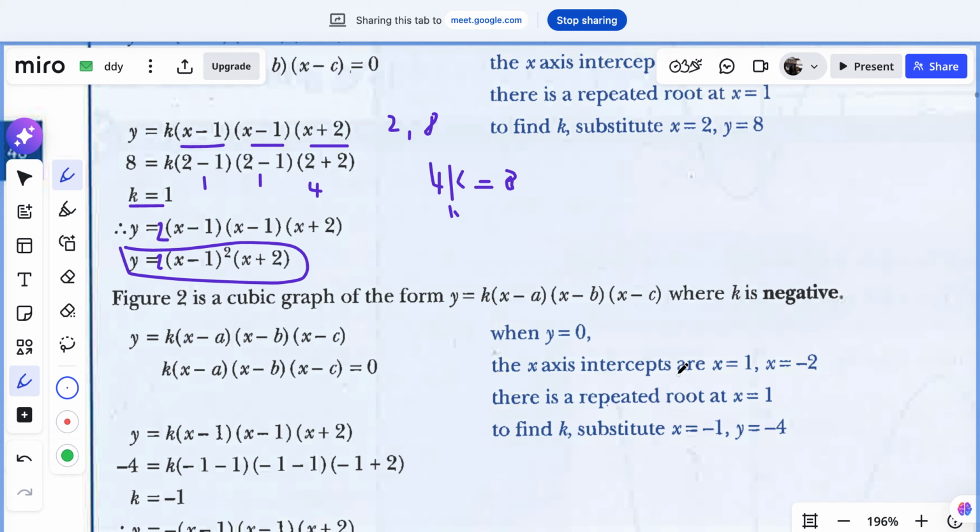Okay, so if you are given a graph and you are asked to find the cubic equation, this is how we do it. Is that okay?